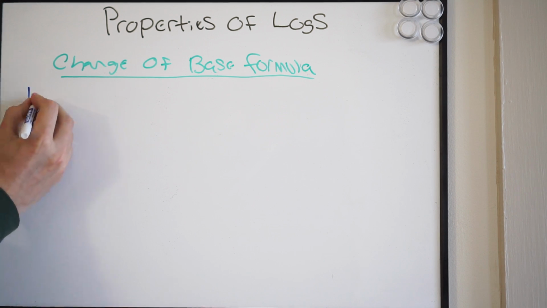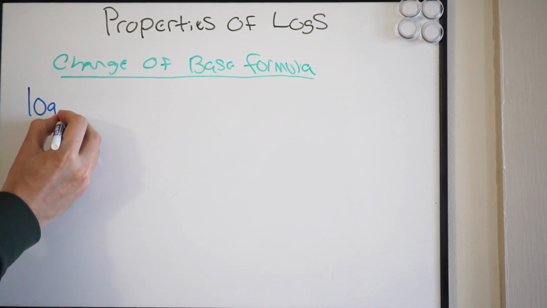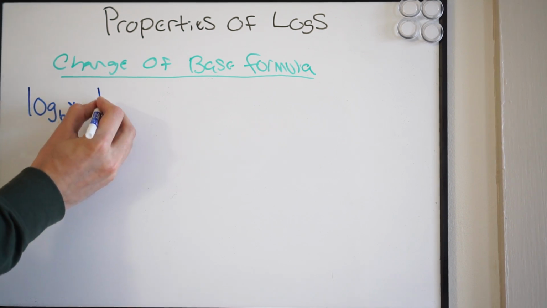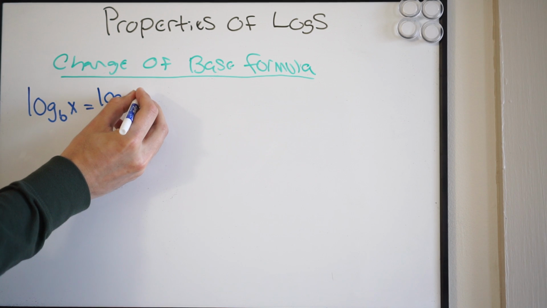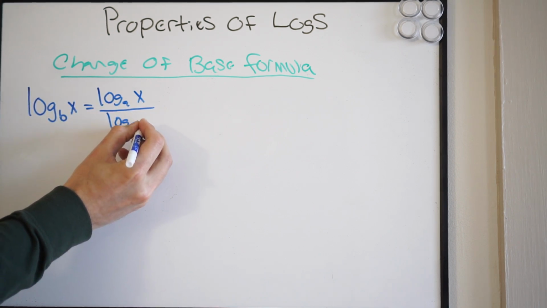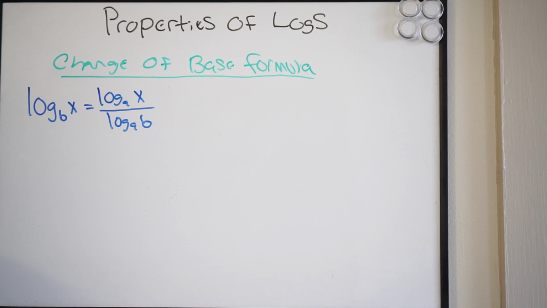We have log base x, okay. And we'll have log a x all over log a b. So when you're using the change of base formula, it's always going to be done in your calculator.